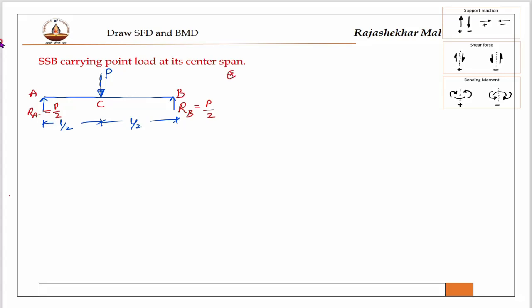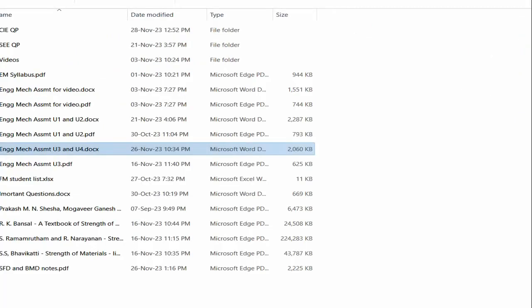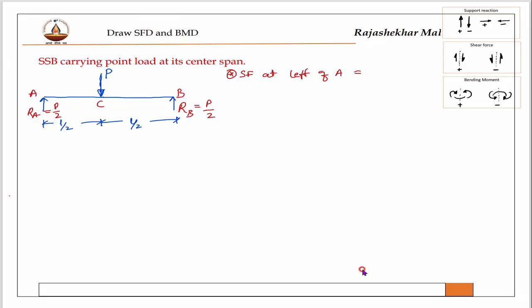First, wherever point loads are there, you have to take two sections. Shear force at left of A. Shear force left of A means outside the beam. For outside the beam, we will make observations from the left side. On the left side, nothing is visible, so 0.